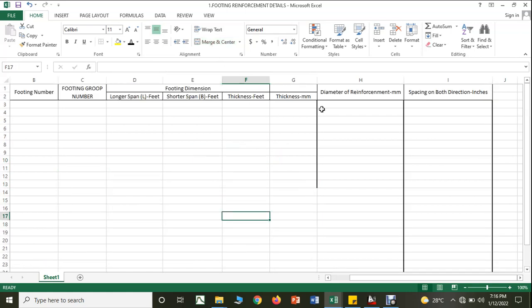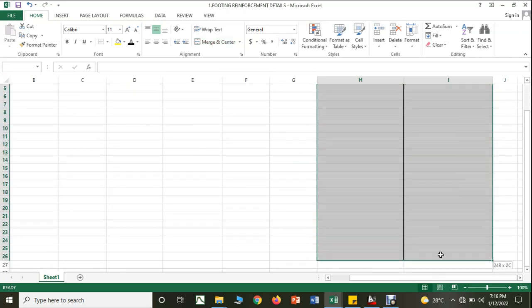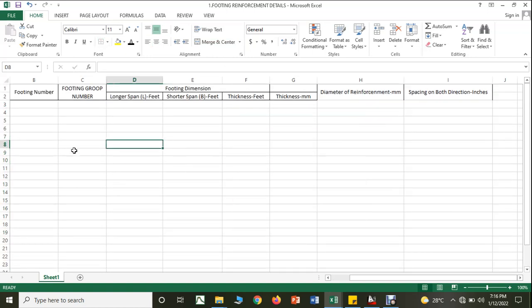Okay, right, so almost it is ready now. I have the footing number here and the corresponding footing group number. Then I have the footing dimension, that is the longer span, shorter span and thickness in feet.